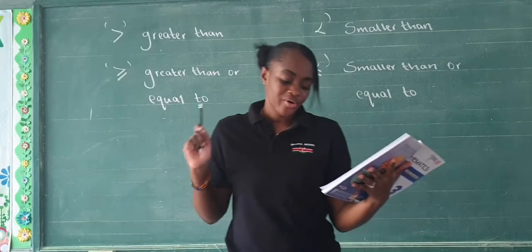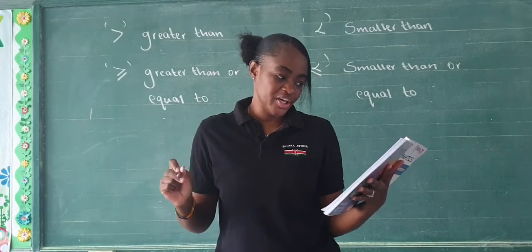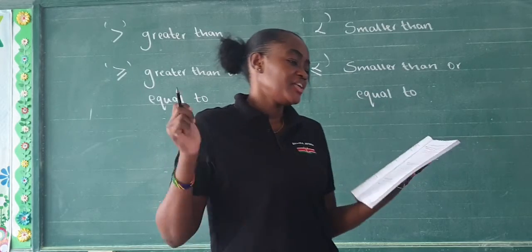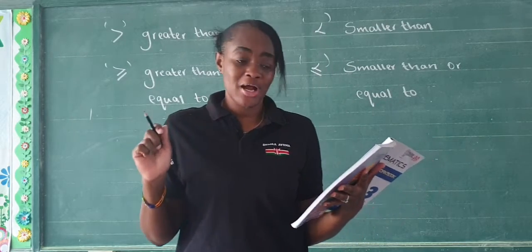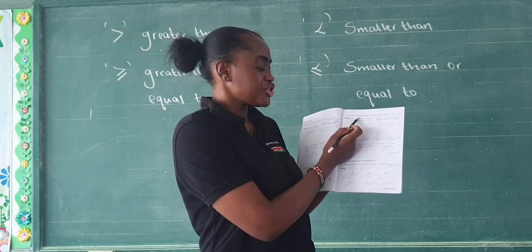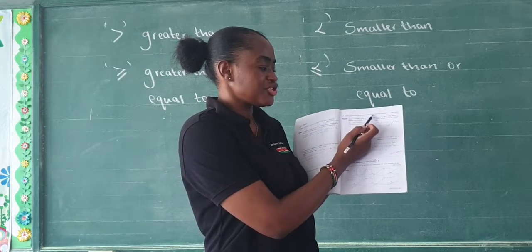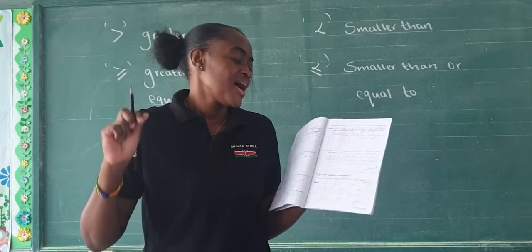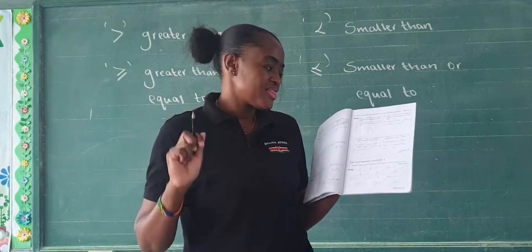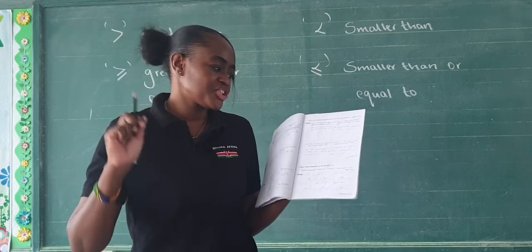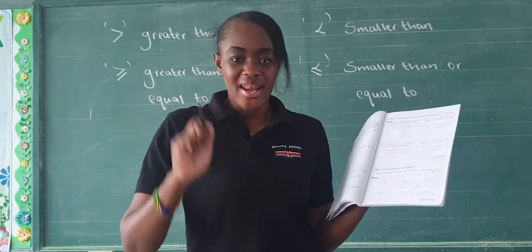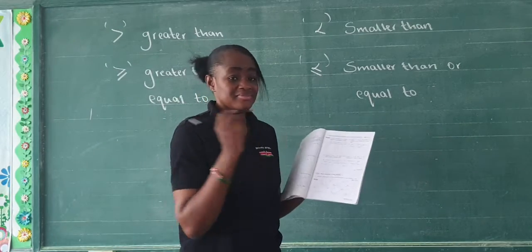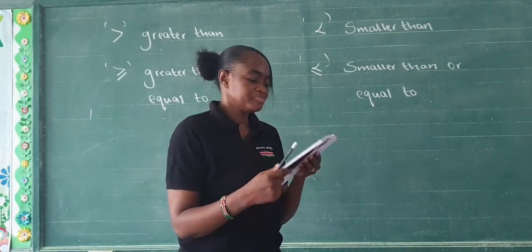Okay, today we are going to continue from page 3. When you look at your book, page 3, it talks about writing a relationship that represents each of the following inequalities. Look at example 1.